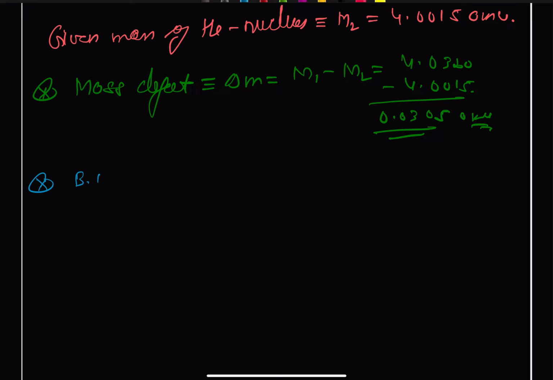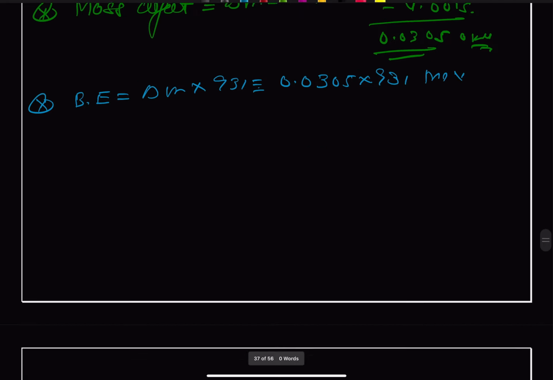So we can say our binding energy will be equal to delta M multiplied by 931, because 1 AMU is equal to 931 mega electron volt. So this comes as 0.0305 into 931 mega electron volt.